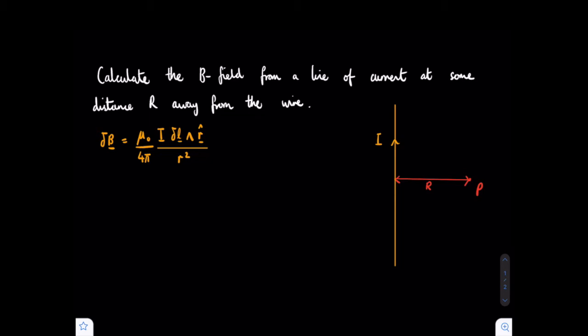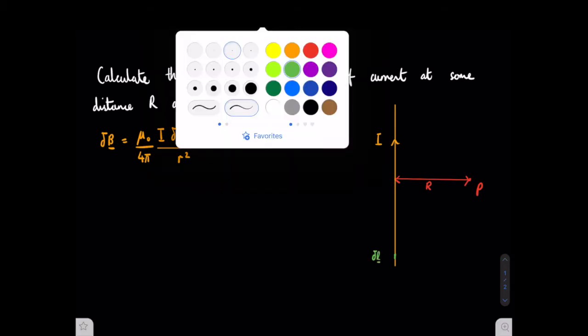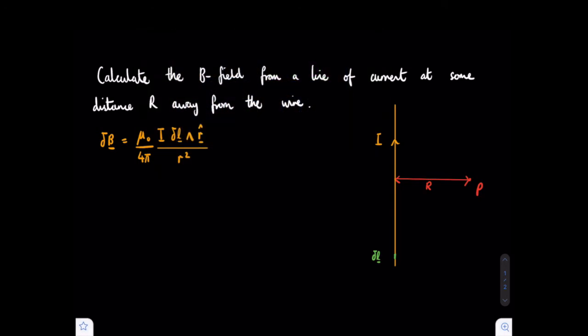The first suitable thing, perhaps, would be to draw a small element, delta L. And then draw some lines, perhaps. So a line from here to P, that would be the distance r from the length element to the point we're interested in.